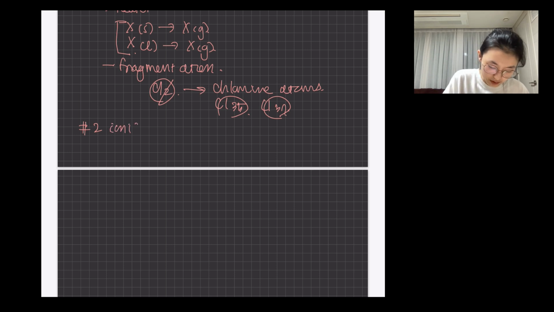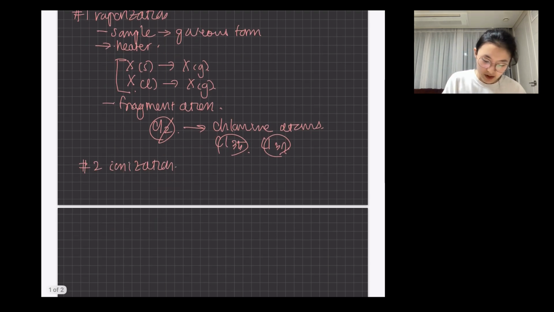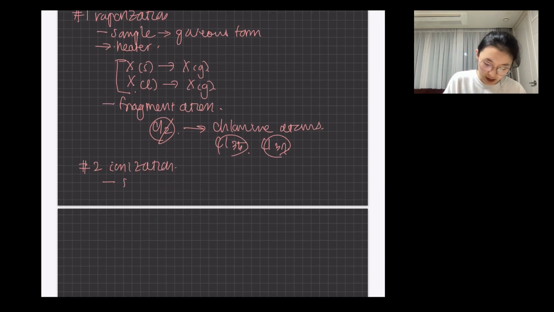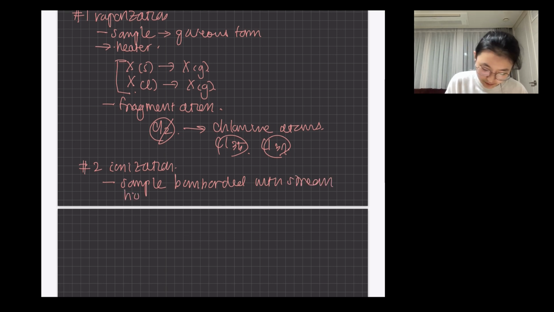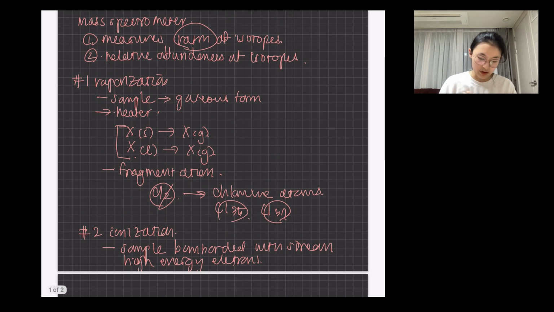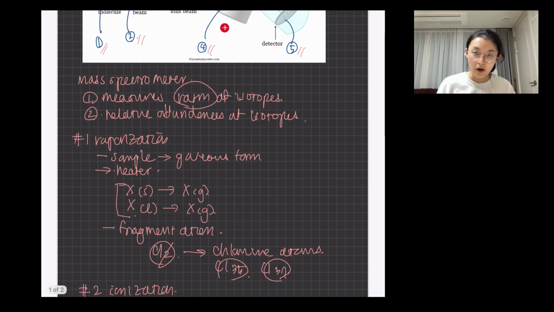Secondly, we're going to have the process of ionization. You can understand this process as kidnapping an electron. What happens is we will have a sample that's bombarded with a stream of high energy, really fast moving electrons from an electron gun, and this is going to knock off the electron from the atom in order to produce a positive ion.